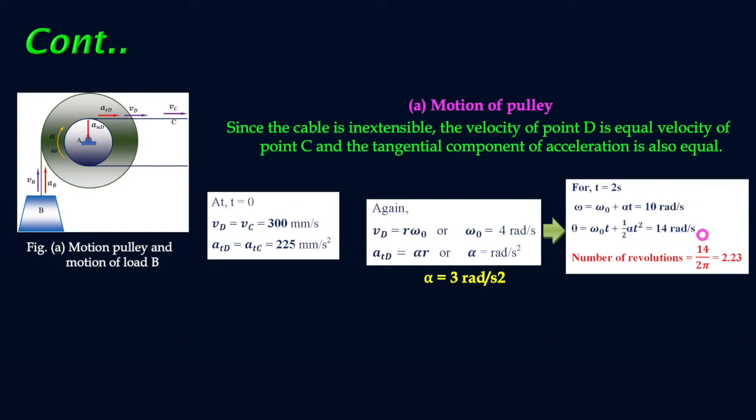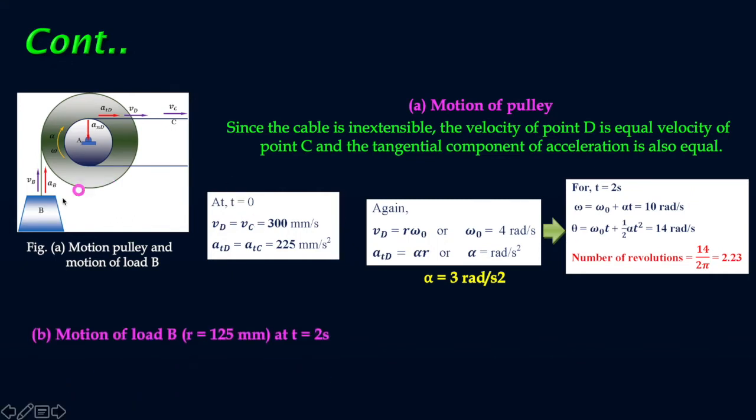So this is the total angular displacement. Now for the number of revolutions, one revolution equals 2 pi radian and total is 14 radian. So the total number of revolutions is 14 divided by 2 pi, which is 2.23.